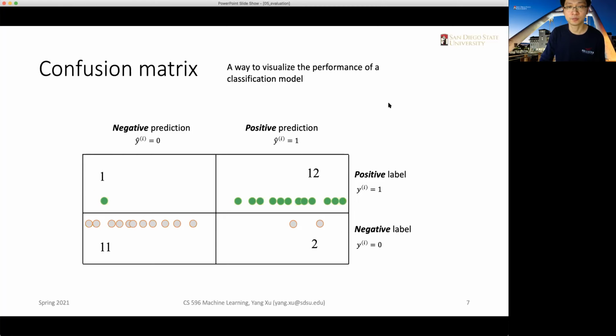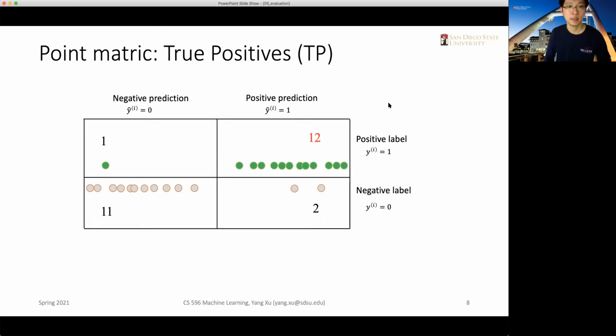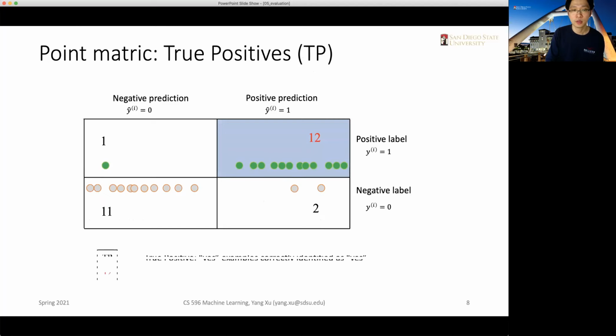These 2 misplaced data points are something that we will use to compute the performance of the model. So we're gonna define some quantities using this confusion matrix. The first one is called true positive. As the name indicates, it refers to this region: those yes examples that are correctly predicted as yes.